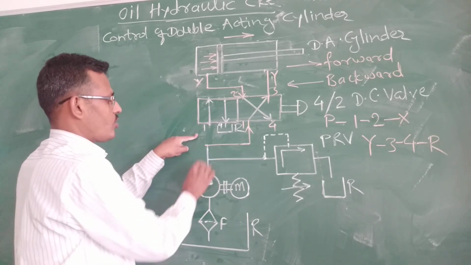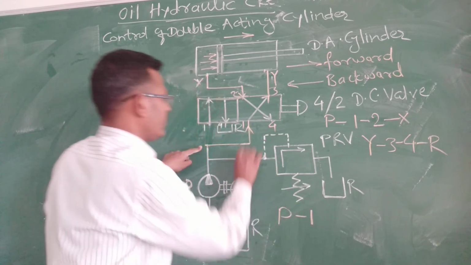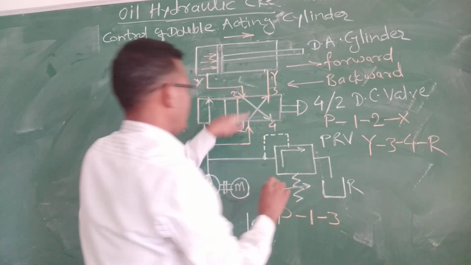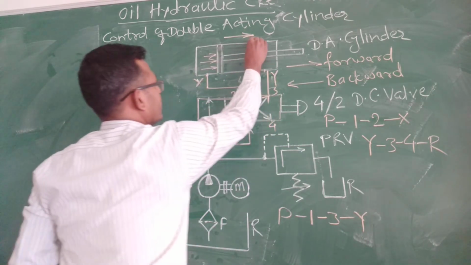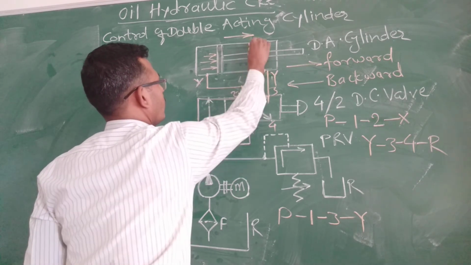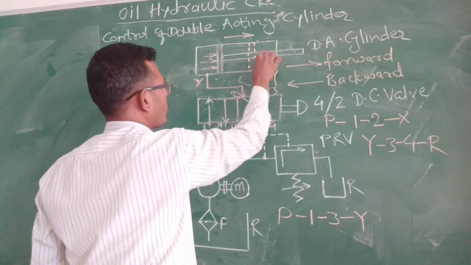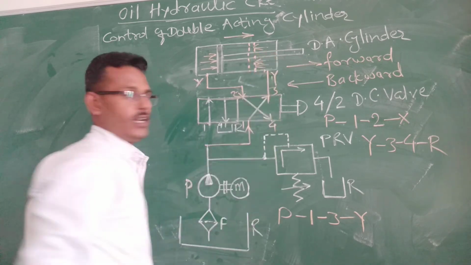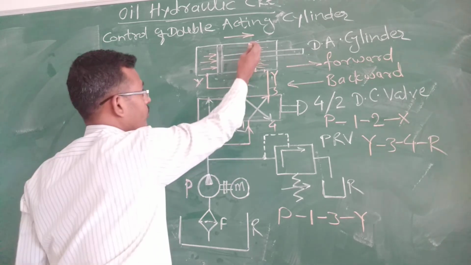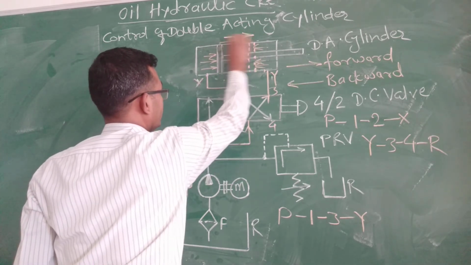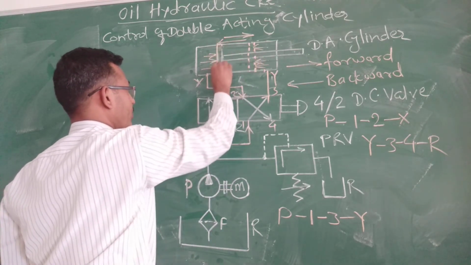The oil starts to flow from pump to port 1, from 1 to port 3, then from port 3 to port Y. Now when the oil enters through port Y on the piston rod side, it exerts pressure on the piston, so that this piston along with the piston rod moves in the backward direction, and the piston reaches its initial position.